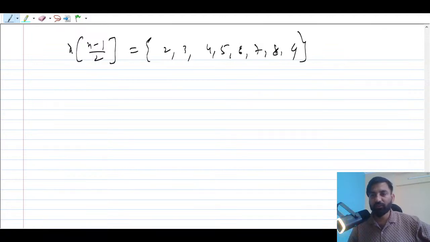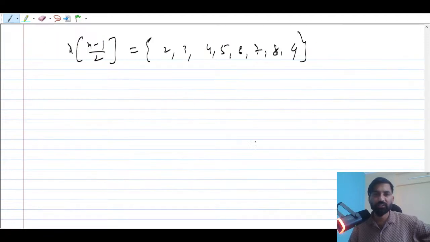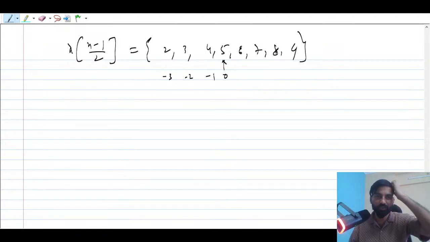You have to shift by 1, right? If you add 1 here, this is minus 1, minus 2, minus 3, minus 4. Now it will be shifted to the right by 1, so it will be nothing but 3. So minus 3, minus 2, minus 1, and this is 0 now, right? Like this. So your 5 will now have the marker.